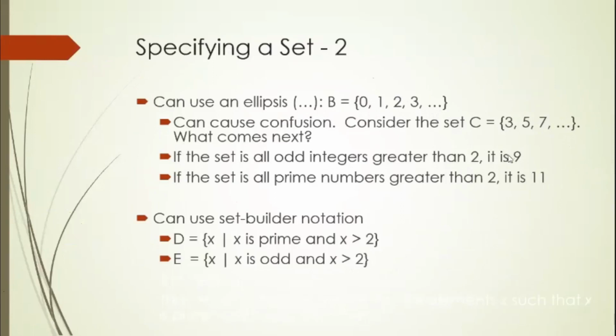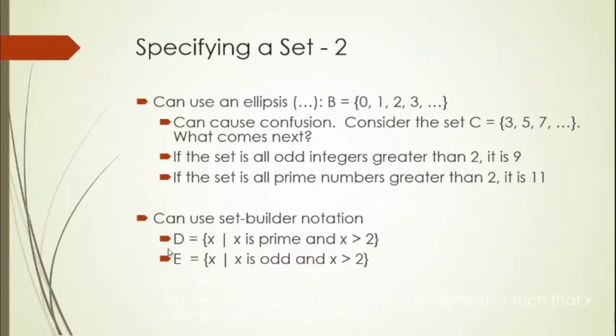In order for us to avoid this confusion, we can use set builder notation. When we are expecting an answer equal to 9, then it should be odd integers. If we are expecting an answer equal to 11, then we are referring to prime numbers. To be clear with our instruction, we can use the set builder.